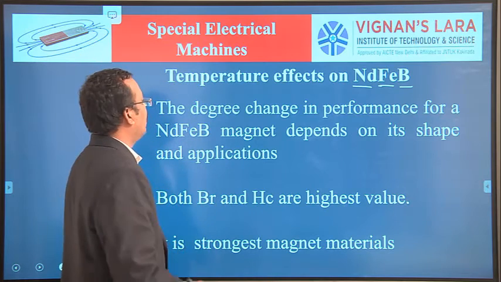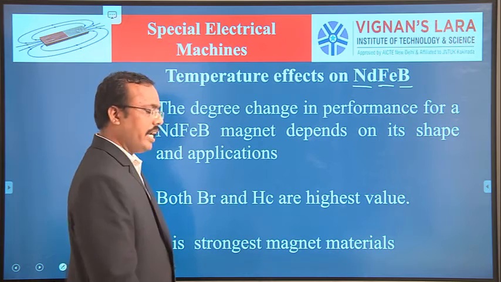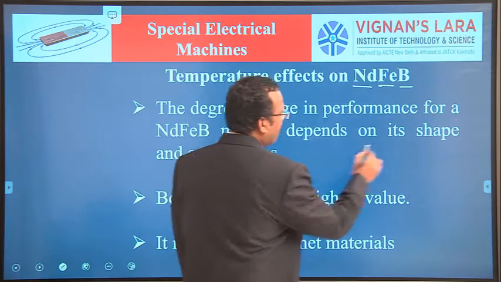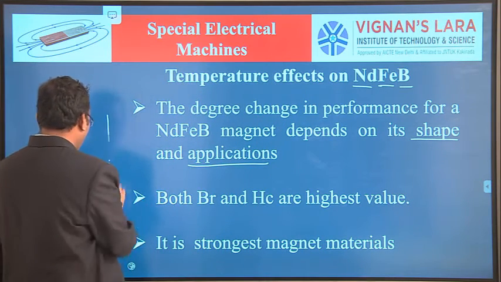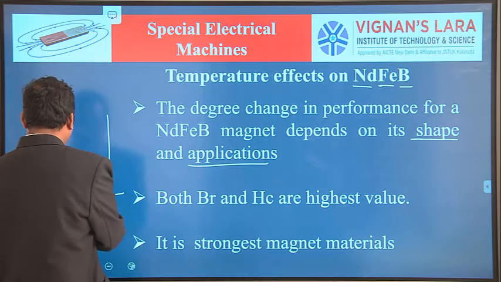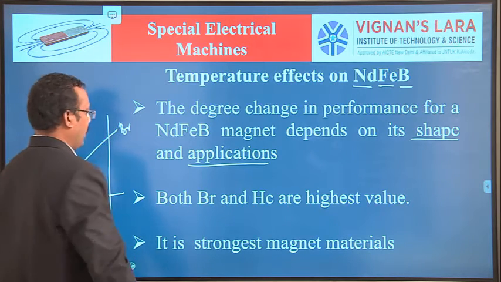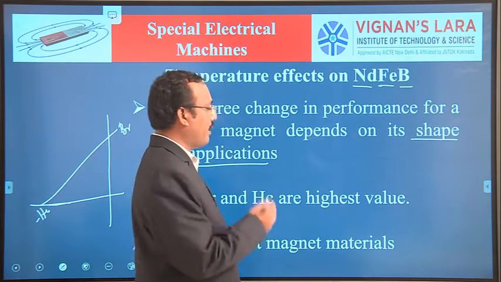The change in performance of the NdFeB magnet depends on the shape and applications. This magnet also has very high values of Br and Hc. It is the strongest magnetic material among all these magnetic materials.